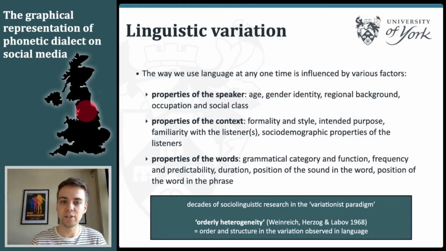There's an order to it and a structure and a system, and we can analyze and identify those patterns of variation within a community of speakers if we use experimental or observational methods.